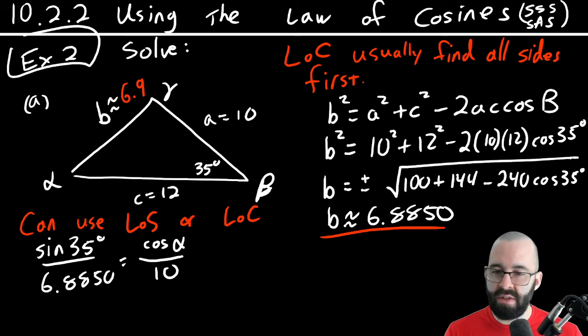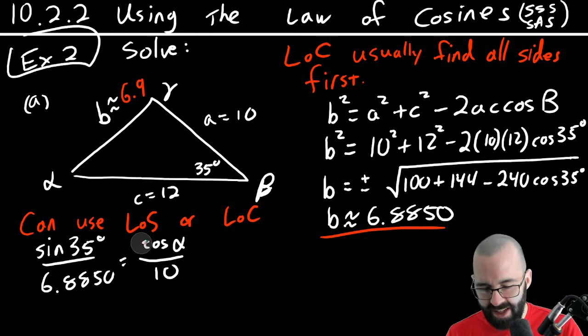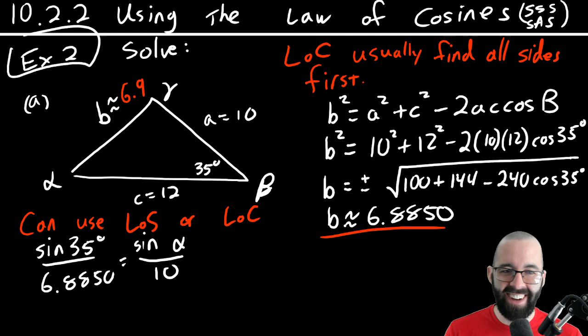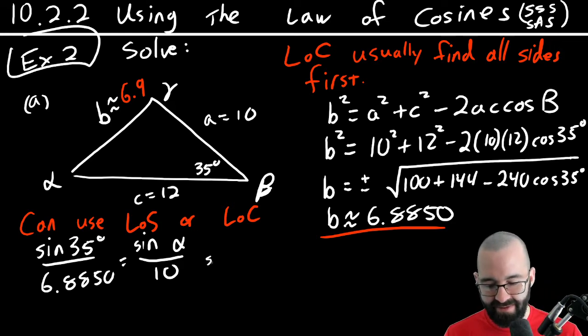All right. So I'm going to rush through this pretty quickly. It's a good idea to pause it and try to finish this with the law of sines, and then see if we get the same thing.